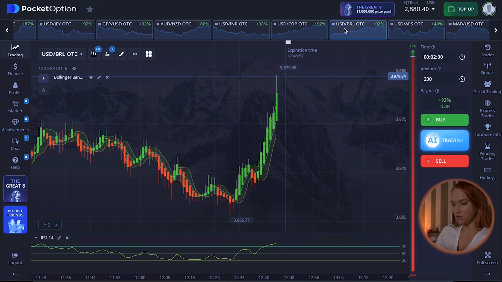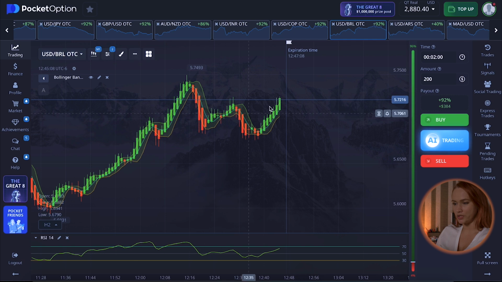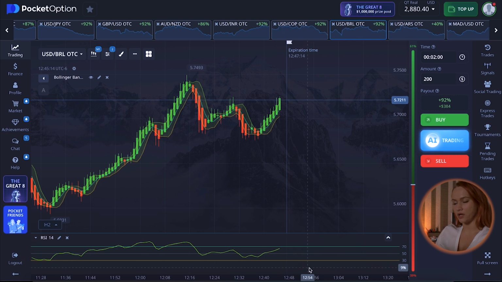And the next currency pair. Yeah, the next pair is US dollar Brazilian real. We see a breakout of the upper border of Bollinger Bands and the approach of RSI line 70. Let's wait for the next candle and open a deal.